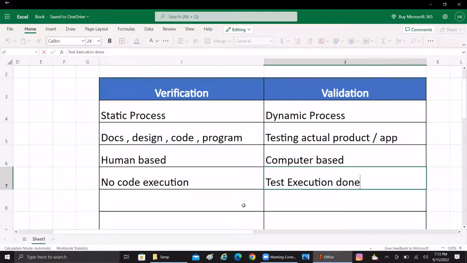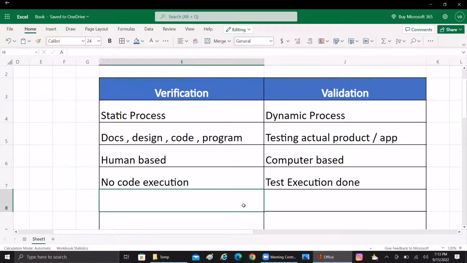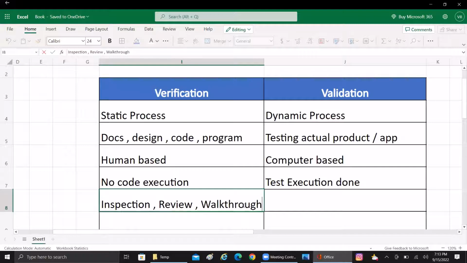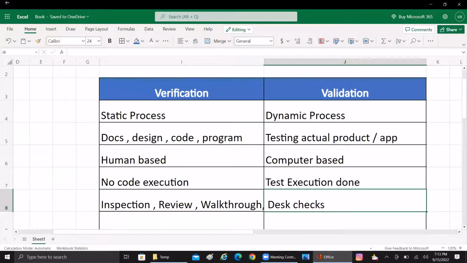And what are the various verification and validation processes they generally follow? Inspection, review, walkthrough. Sometimes some desk checks will happen. So it goes on like that.